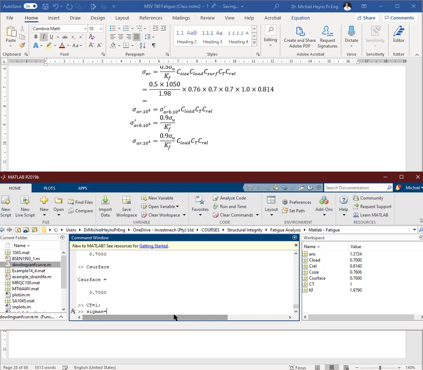That's a completely reversed endurance limit at 1 million cycles: 0.5 times 1050, divided by KF, 1.98, times 0.76 times 0.7 times 0.7 times 0.814.